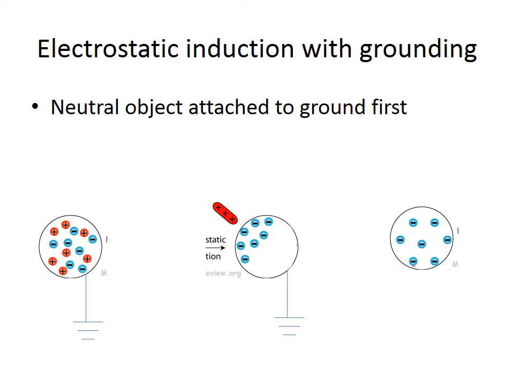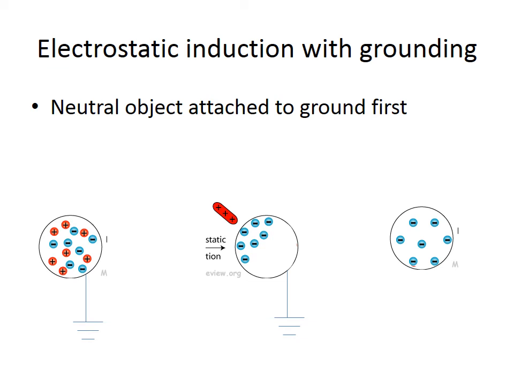Although technically the protons didn't go downward to the Earth, enough electrons went upward that it's no longer neutral. It's got a charge of -7, equal to the number of charges that it had before.